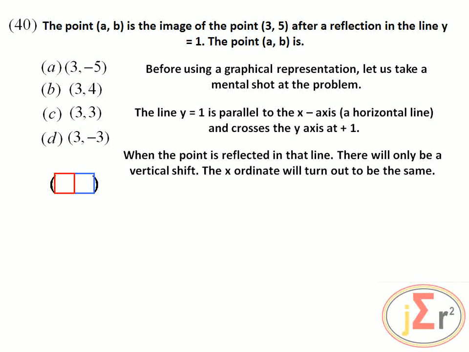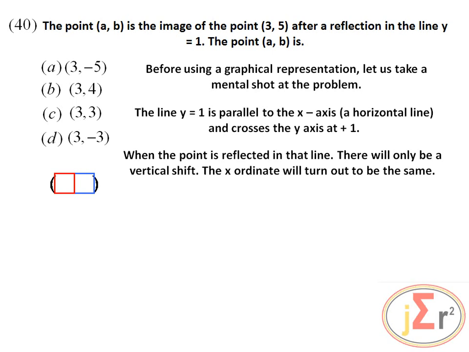When the point is reflected in that line, y is equal to 1, there will only be a vertical shift. When we are reflecting in a horizontal line, the image will be located vertically below the original point. That will cause the x-ordinate of the original point and the image to be the same.